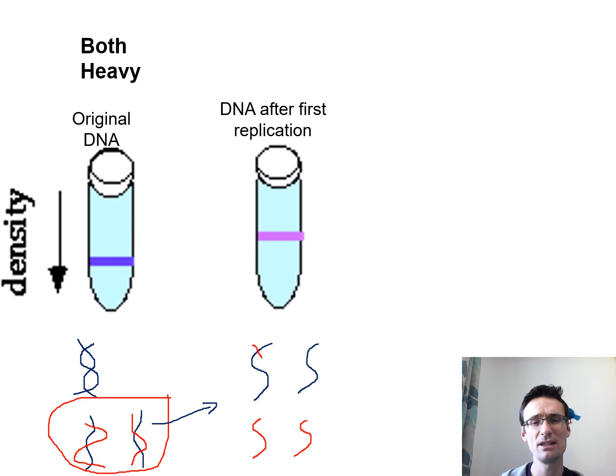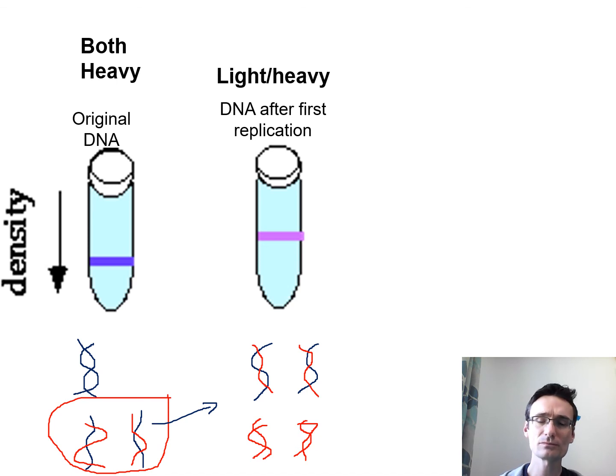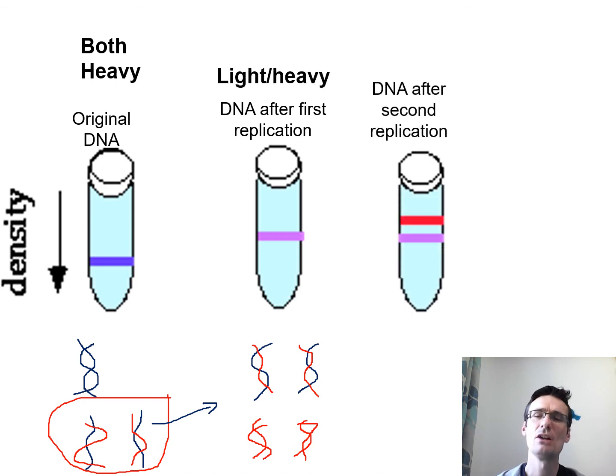So these two would have N14 attached to them to make a light-heavy strand, but these ones which are N14 would now have new N14s, so you'd get a double N14 strand. So you would get a slightly different result for your next generation centrifuge. If we have a look at that, you can see here you would get this result.